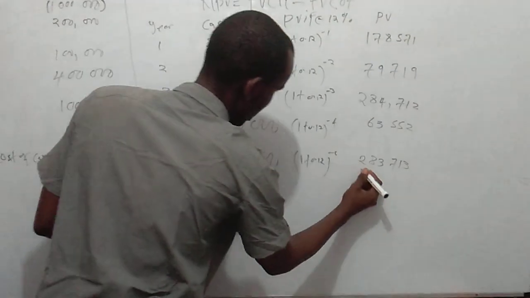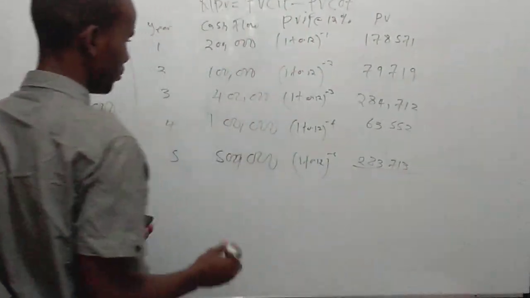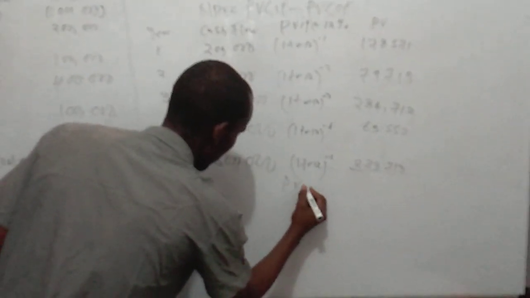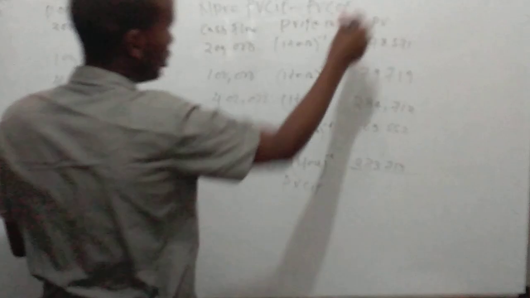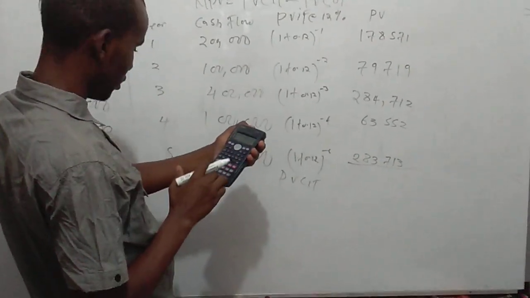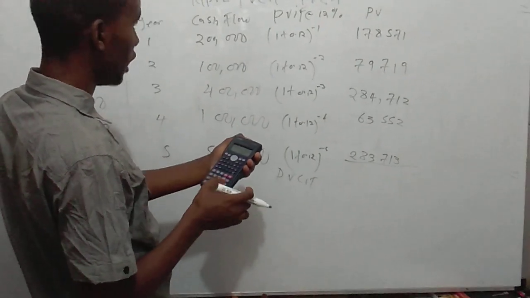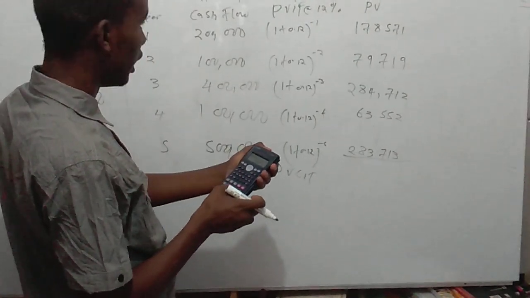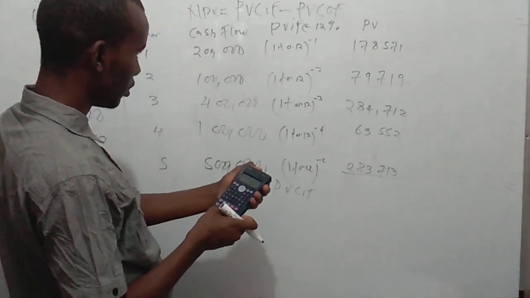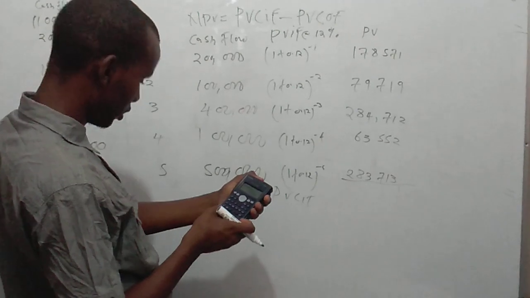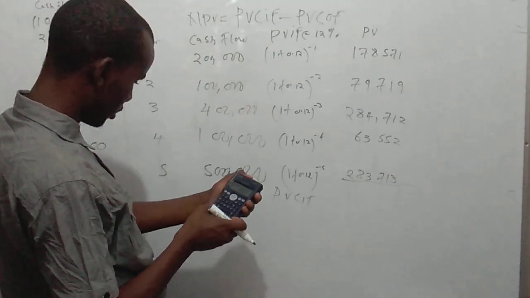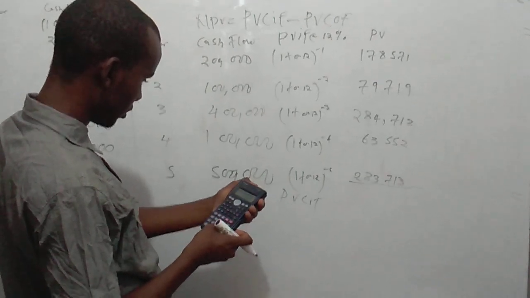Now we add these present values, so that we get the present value cash inflow. We sum up 178,571, add 79,719, add 284,712, add 63,552, add 283,713.